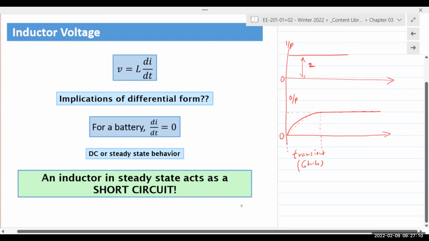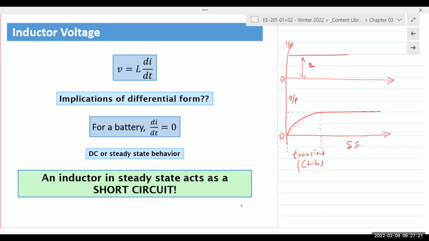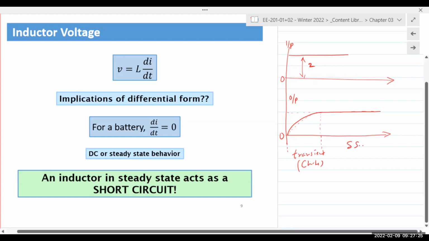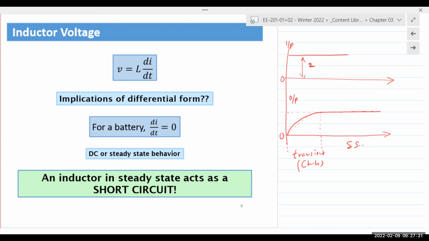But this portion is known as steady state because it's reached full charge. So at steady state, that inductor behaves like a short circuit because current is allowed to pass through unimpeded. So we say when you apply a DC voltage or DC current to an inductor, it behaves like a short circuit when it reaches steady state.